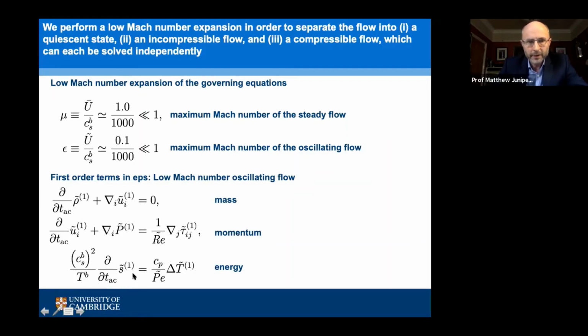So that's the first order term in epsilon, the low Mach number oscillating flow, and that's the one that we'll be concentrating on from now on. So what I've done basically with the low Mach number assumption is take the governing equations and reduce them down to essentially two equations, which are much easier and simpler to solve than the original equations together.